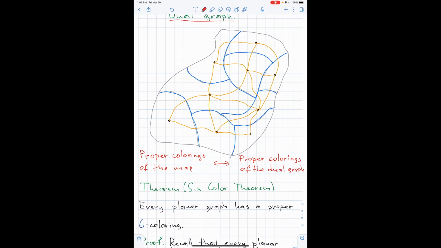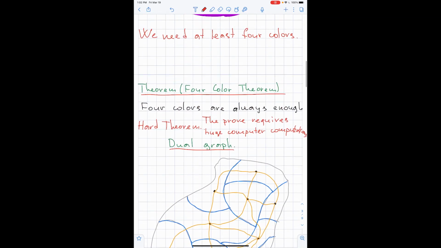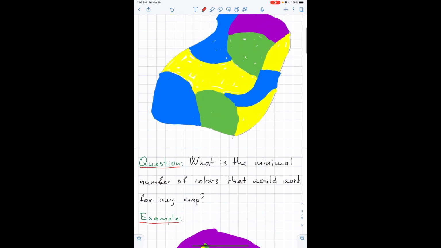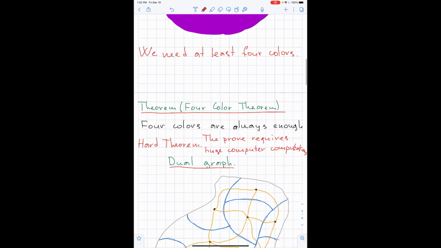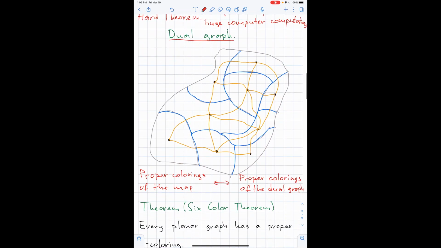So coloring the map, like here, is the same as just coloring the vertices of this dual graph, because basically the vertices correspond to the countries, and two vertices are connected if and only if the countries share a boundary. So if we have a proper coloring of the dual graph, we get a proper coloring of the map, and vice versa.